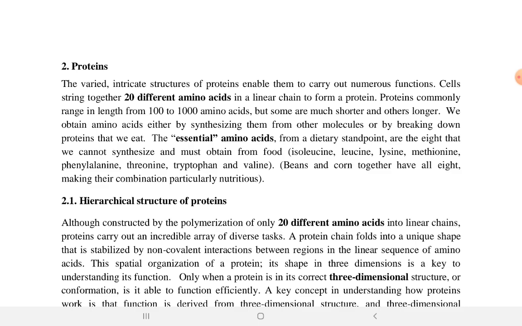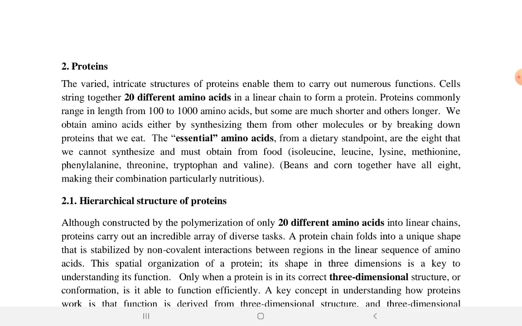And we obtain amino acids either by synthesizing them from other molecules or by breaking down proteins that we eat. So the essential amino acids from a dietary standpoint are the 8 that we cannot synthesize and must obtain from food: isoleucine, leucine, lysine, methionine, phenylalanine, threonine, tryptophan, and valine.